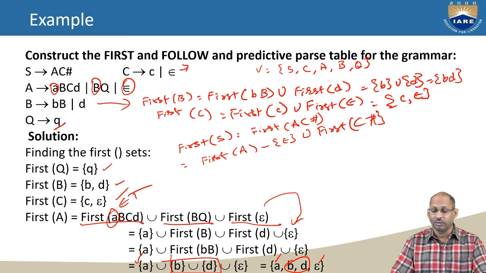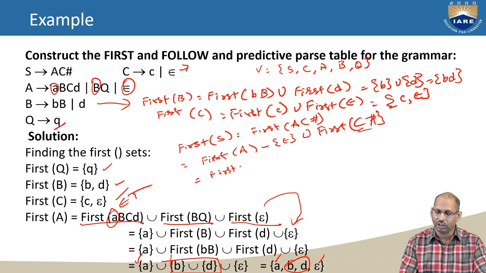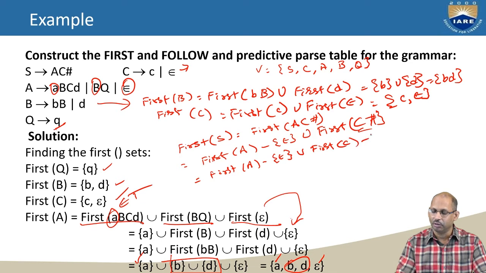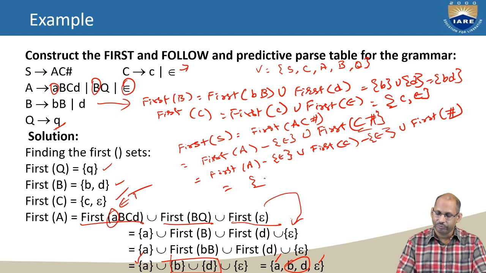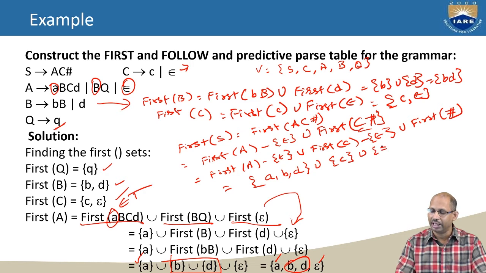But C once again has epsilon. So first of A minus epsilon union with first of C minus epsilon union with first of hash. Since A and C both variables have epsilon, it is giving us a, b, d union with c union with hash symbol.